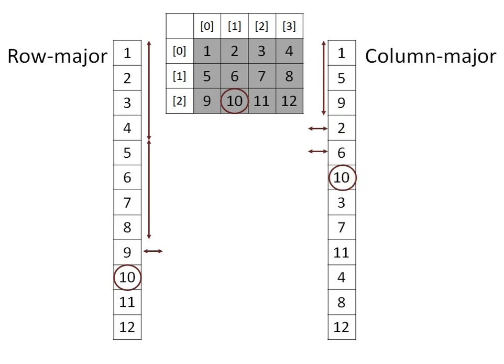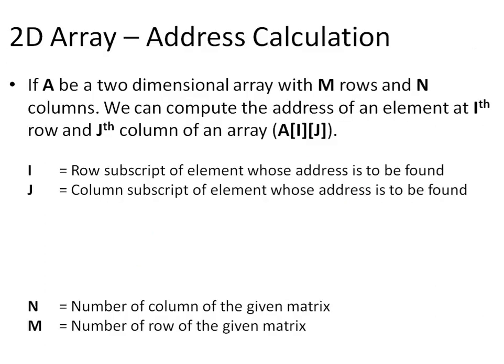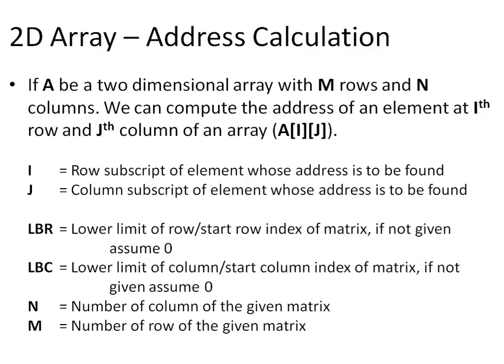Now, we try to frame the required equations in each of the two cases, that is row major and column major order. Before that, let's note a few terms. Let we have an array A with m rows and n columns. Since there are two dimensions, there will be two lower bounds associated with both of them, that is LBR for row, that is lower bound for rows, and LBC for column, that is lower bound for column.